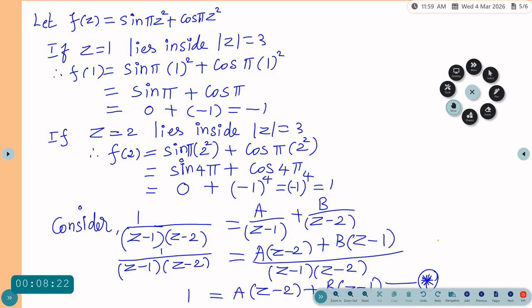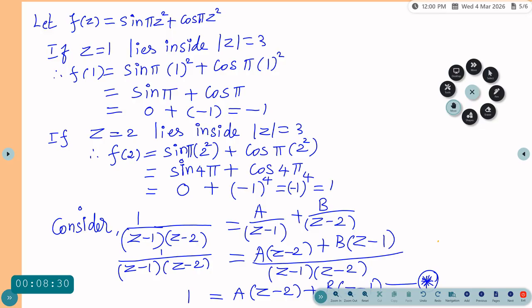We get f of 1 equal to sin pi 1 square plus cos pi 1 square, and since 1 square is 1, f of 1 equal to sin pi plus cos pi.